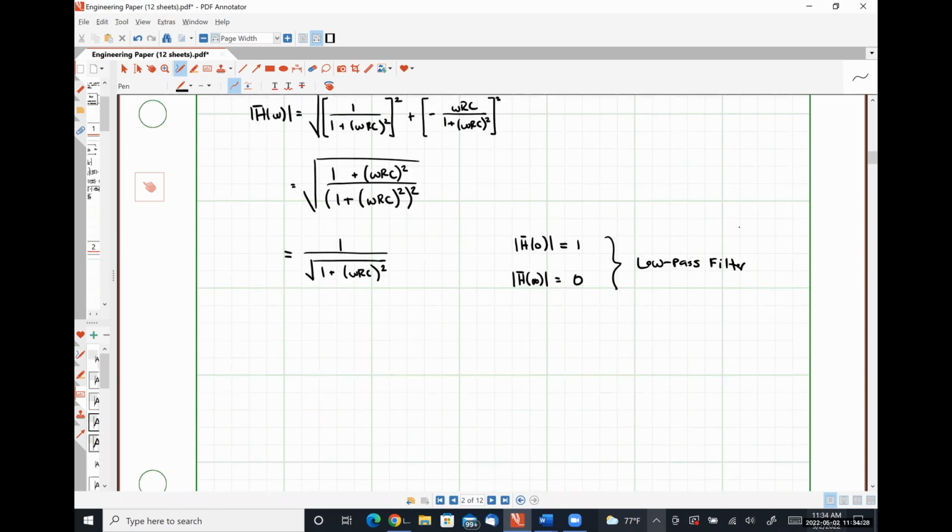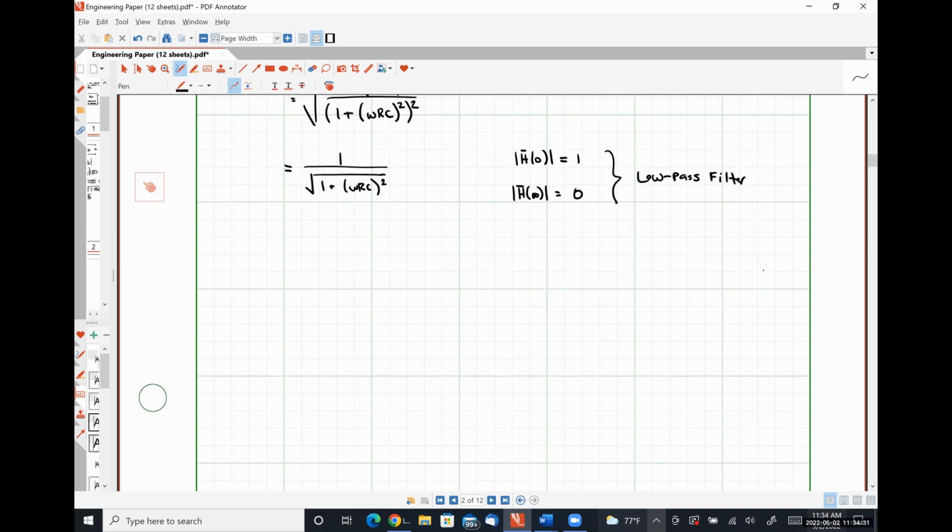If we plotted this function, here is the magnitude of H of omega, and here is omega. This point right here is 1, which is going to be the maximum amplitude, because the largest this fraction can ever be is 1 over 1.